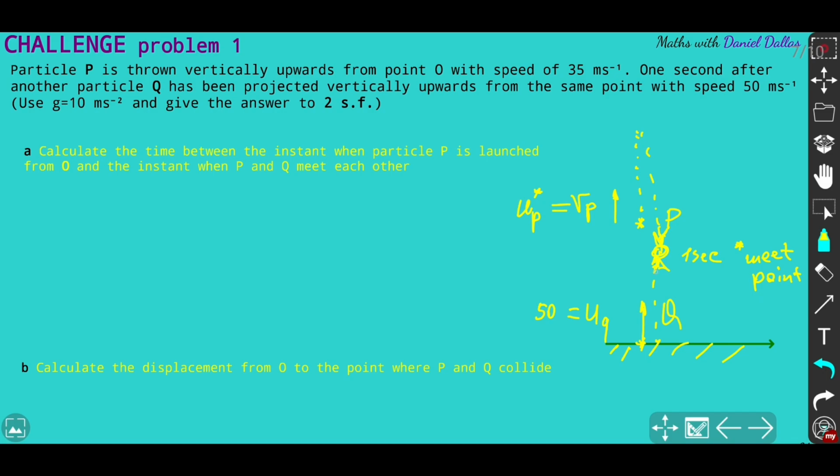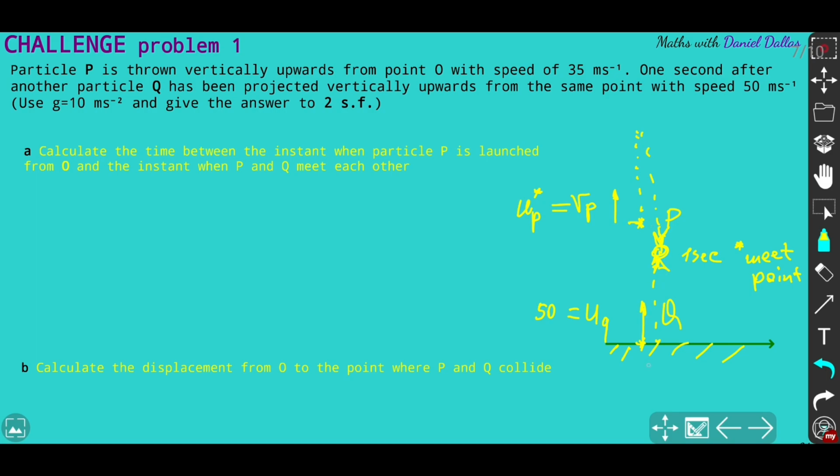Anyway, I'll show you, because other students are confused about why we start considering from the very initial moment when particle P is launched. Let's consider 1 second after. It doesn't matter. It's not a big deal, except for a bit more complexity.